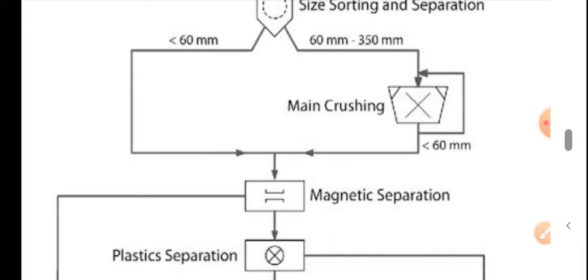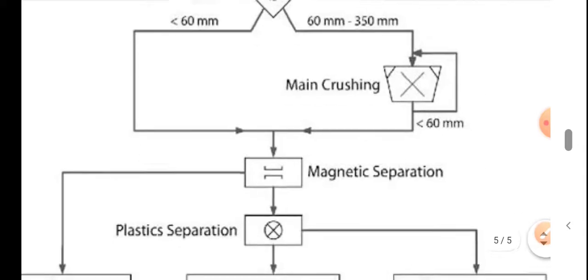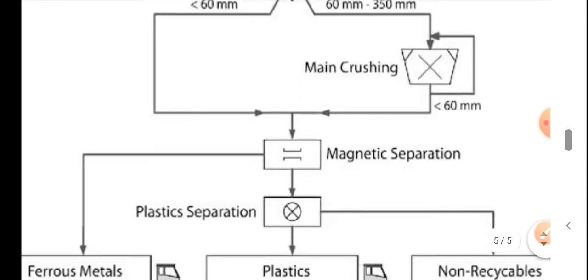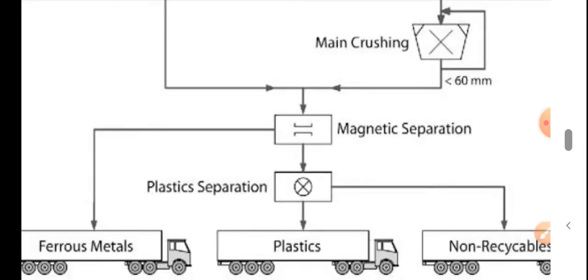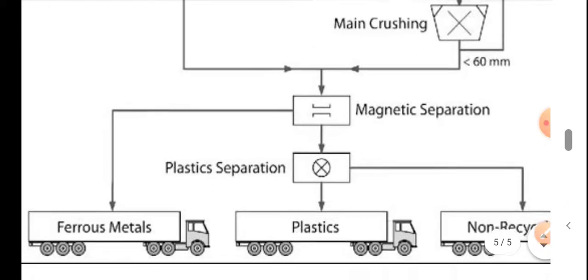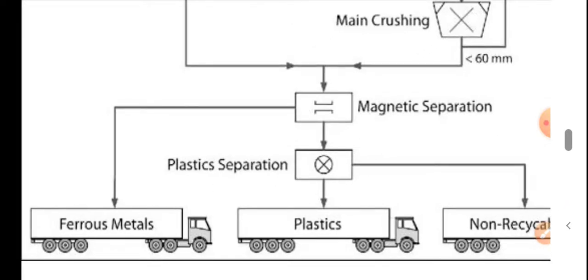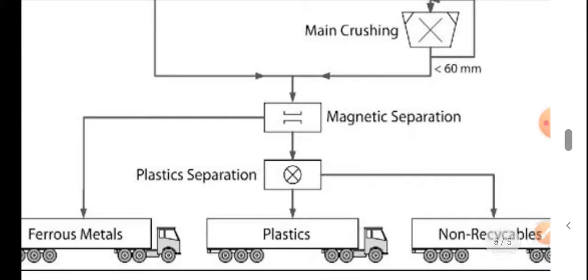And in this magnetic separation chamber, the magnetic materials present in the waste are separated and put in a different section, such as here in the ferrous material section, while the remaining waste is again separated in a separator chamber, where plastics are separated, and the remaining waste is put into another chamber.